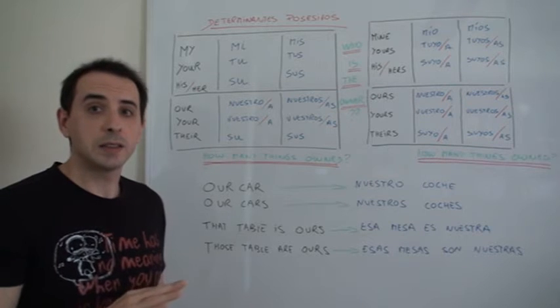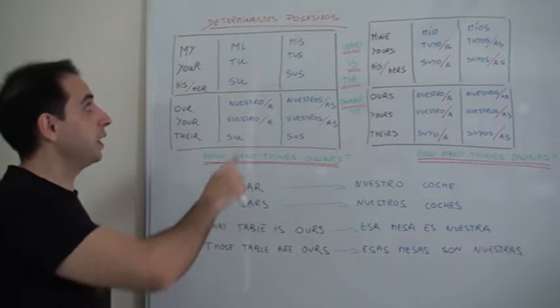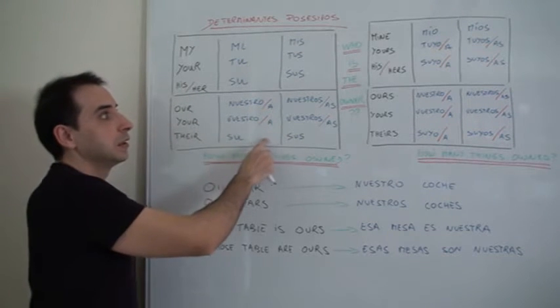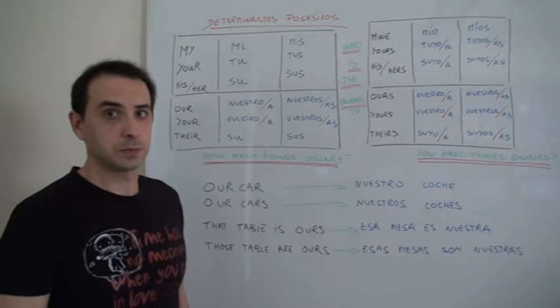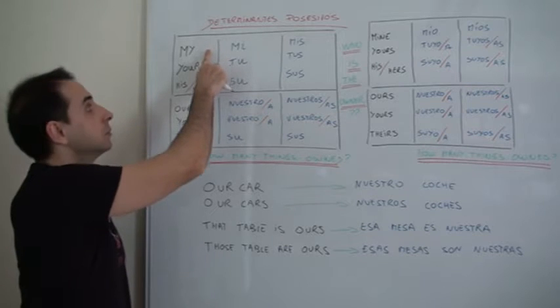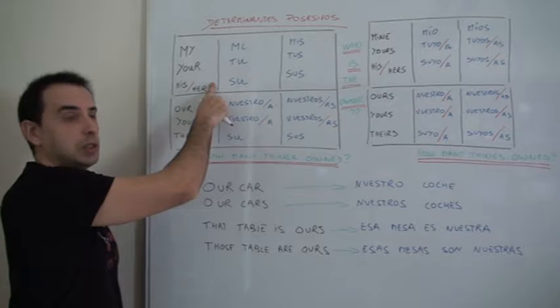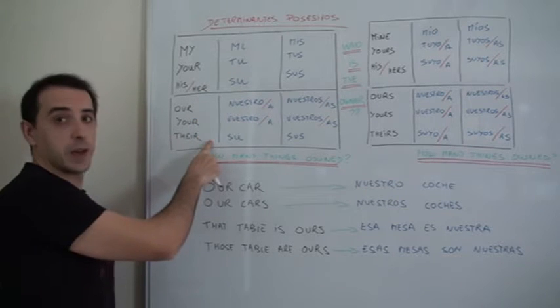For one part it is the same as in English. You have to pick one depending on who is the owner. The owner is I, you, he, she, we, you, they.